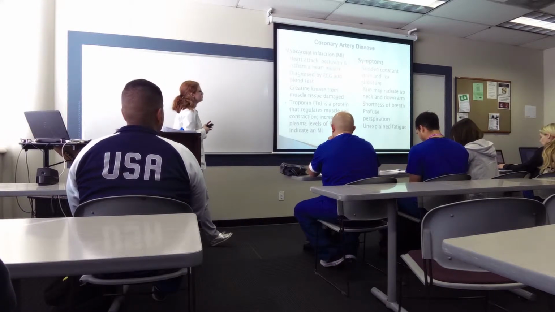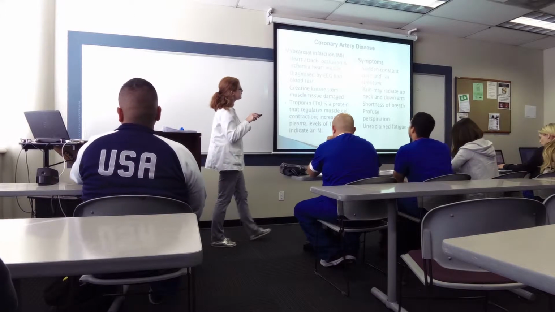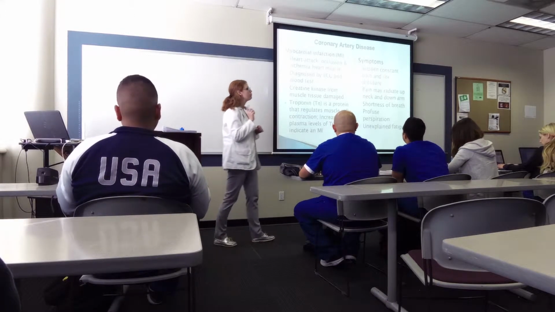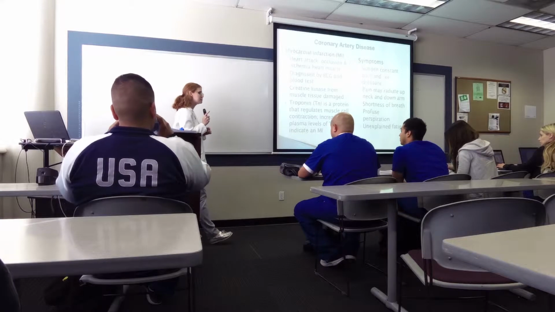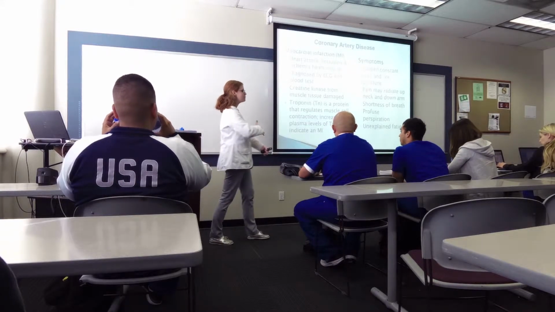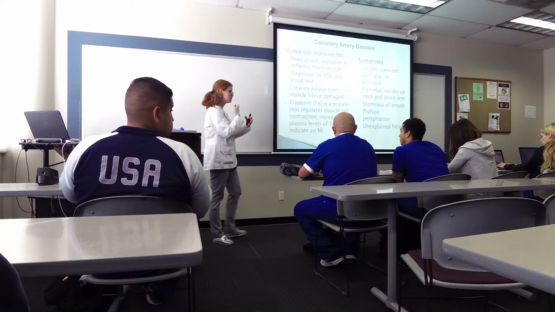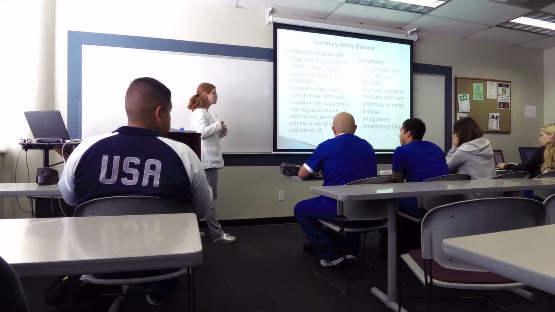Okay, so signs and symptoms. It would be sudden, constant pain or pressure. It's not always described as pain, sometimes it's described as pressure. It can be anywhere in the upper quadrant: neck, shoulder, arm, chest.